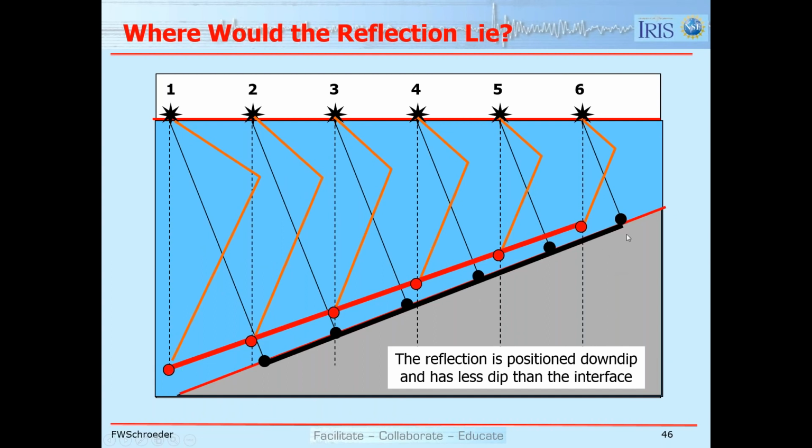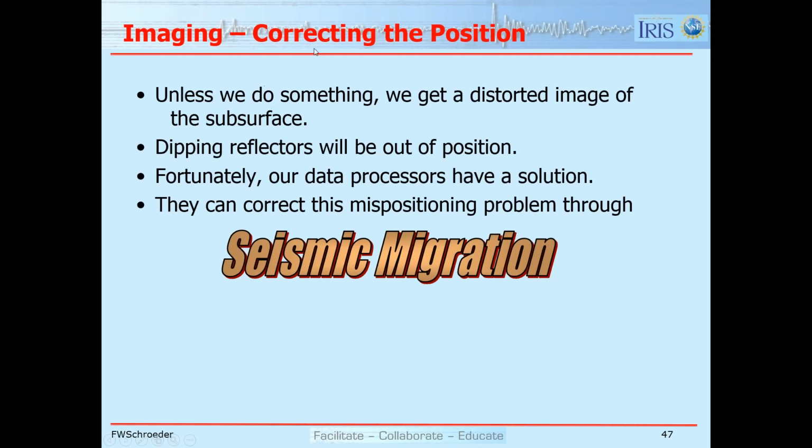So the interface is the black line, but the reflection is the red line. And so the reflection is always positioned down dip, so it's shifted to the left here, and it always has less dip than the actual interface in the subsurface. So we have some imaging problems.